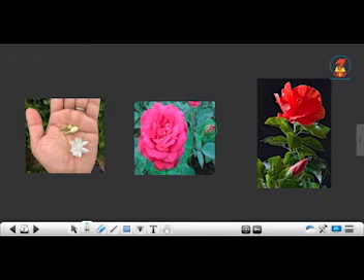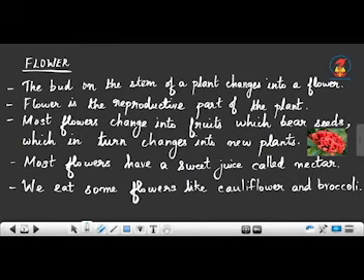That bud has changed into a flower. In this shoe flower also you can see a bud. That bud has changed into a flower. So, the bud on the stem of a plant changes into a flower.